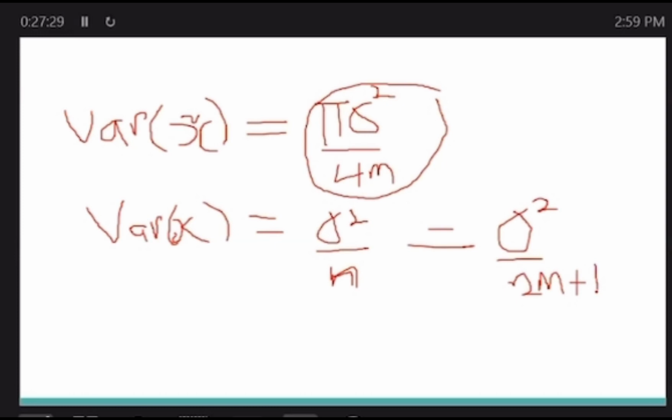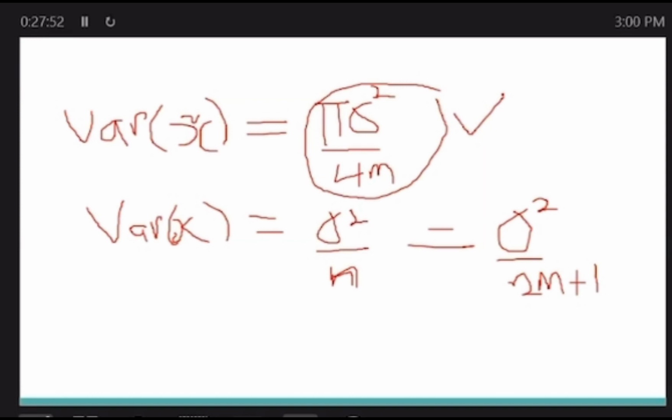I have the variance of x as sigma squared over n, which is equal to that. Let's say I want to write this in terms of the variance of the sample mean.